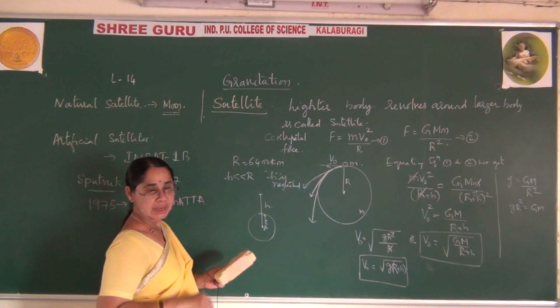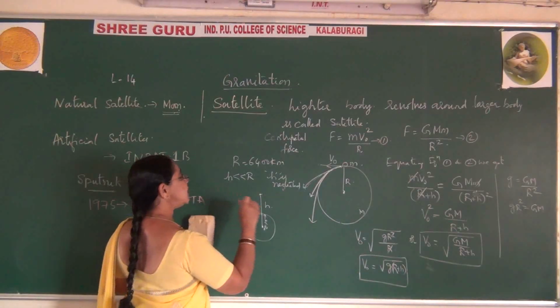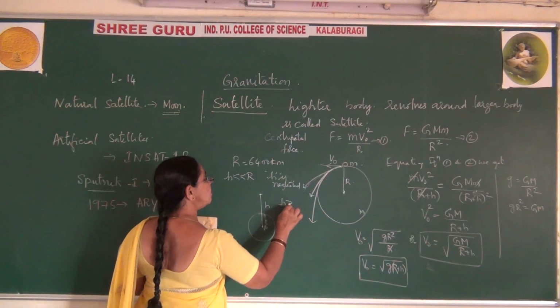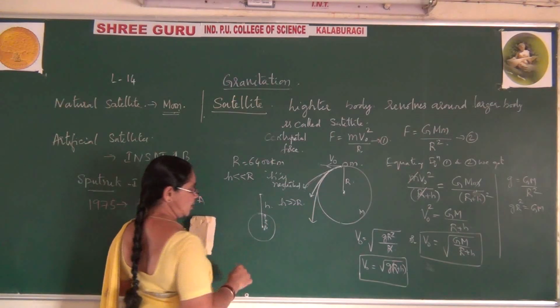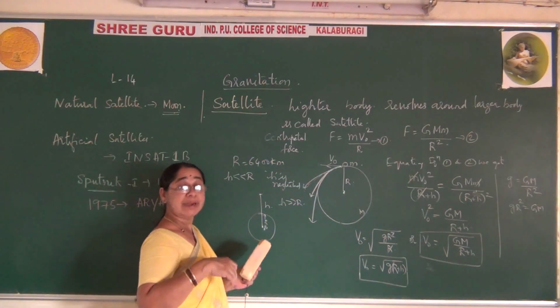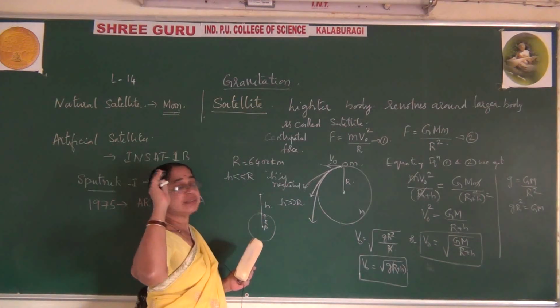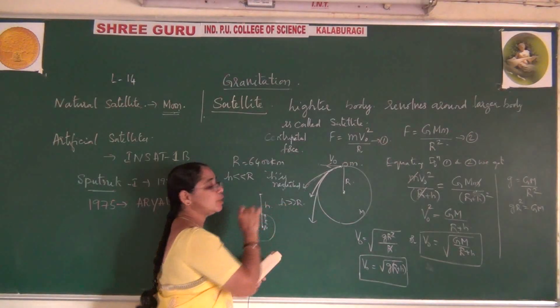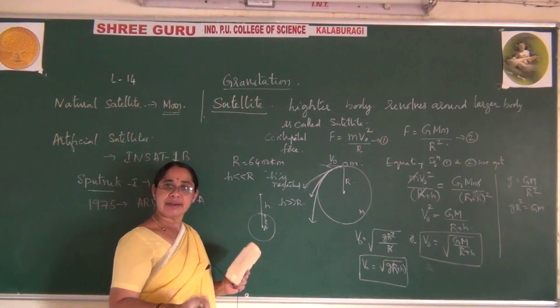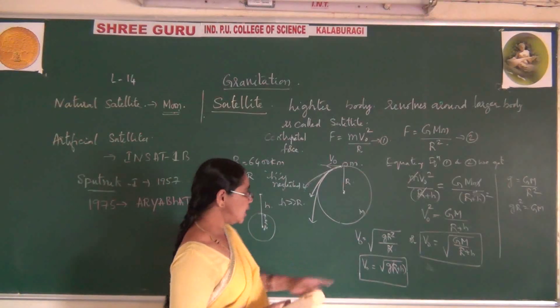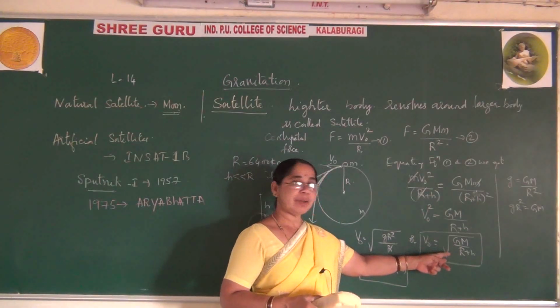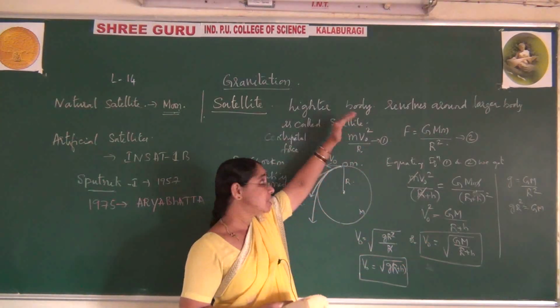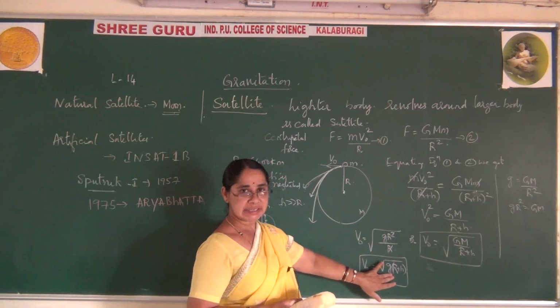By chance, if h is much greater than r, remember that at that time it is far away from the surface, and you have to take the condition with h itself. If it is at a very large height, we take this condition.